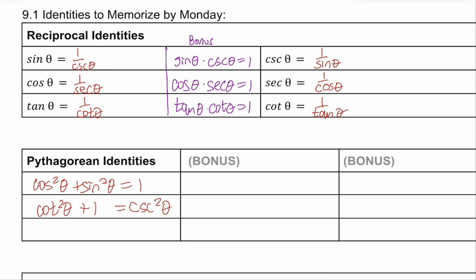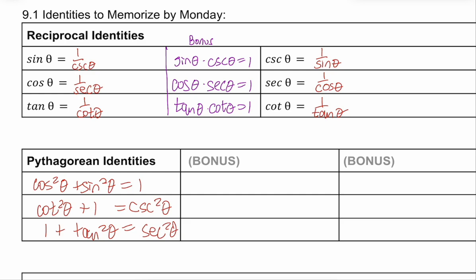And then finally, 1 plus tangent squared equals secant squared. Okay. Now, what's interesting is our Pythagoreans each have 2 distinct bonuses that we can get for those.